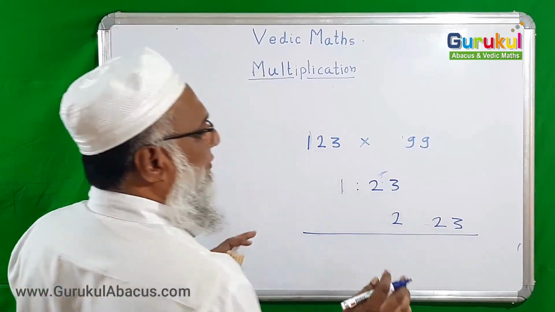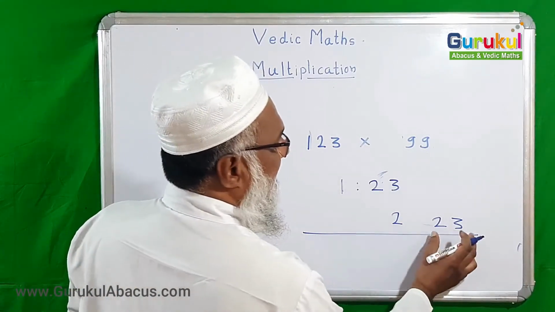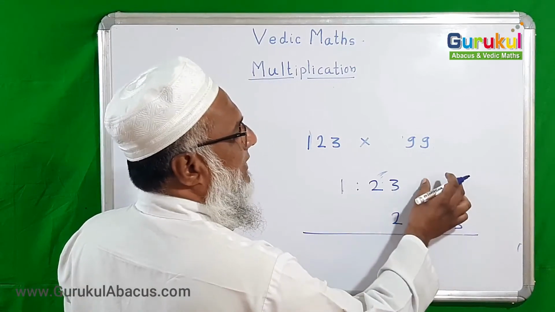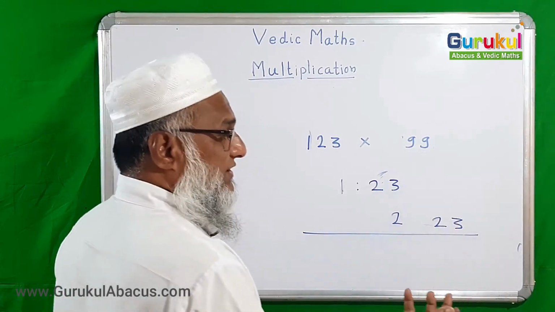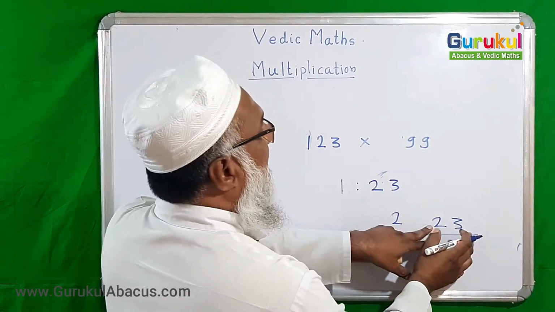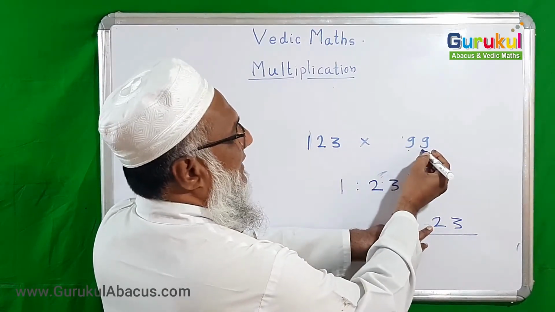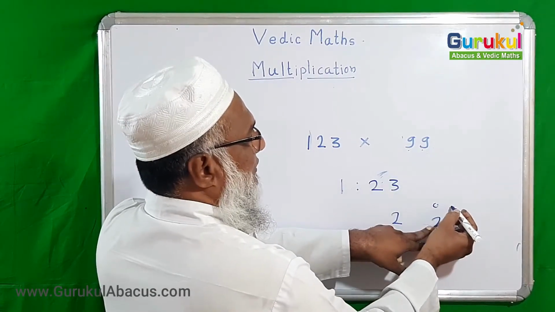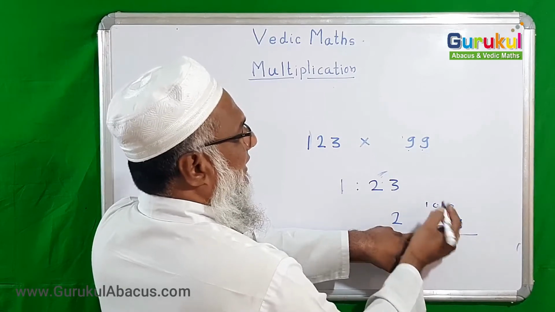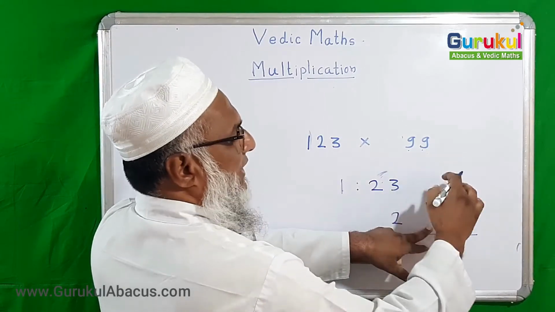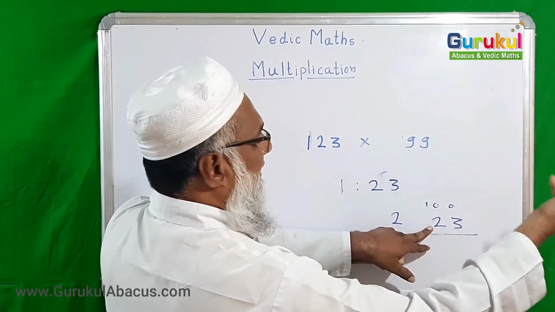Now here, simply we subtract this number from 100. Now what is the criterion for subtracting from 100? Here we have 99, so for our understanding, 2-digit means 100, 1000, 10,000 like that.